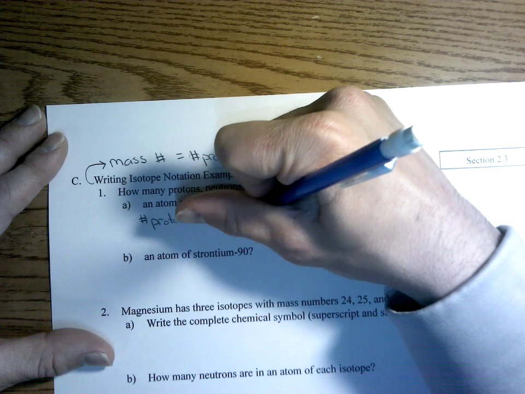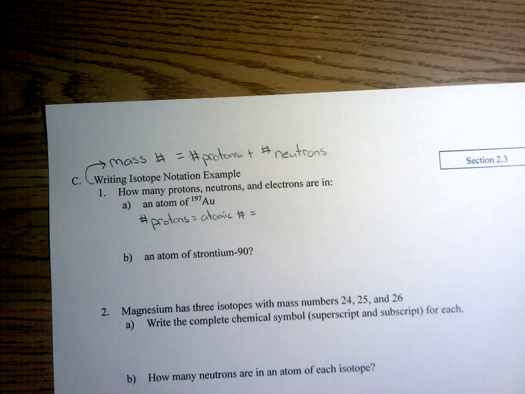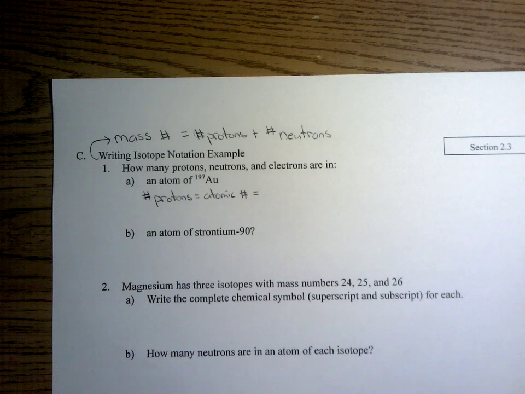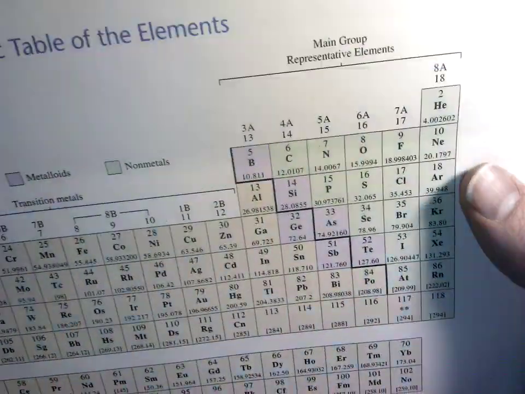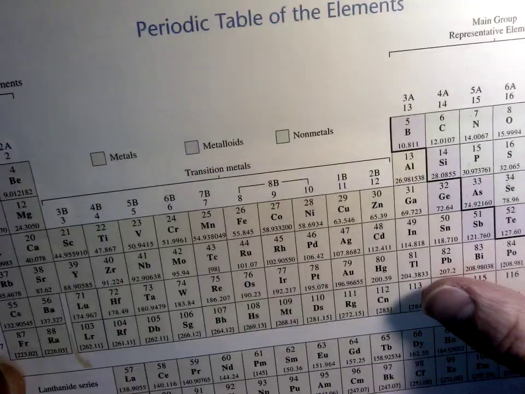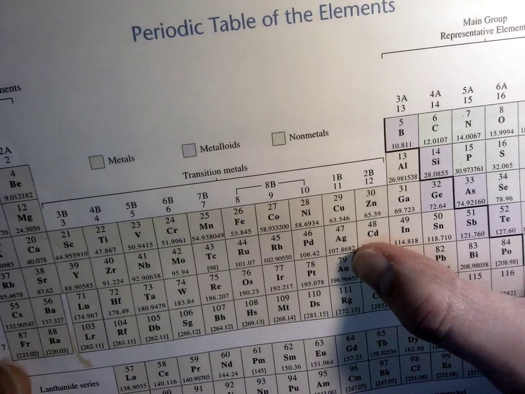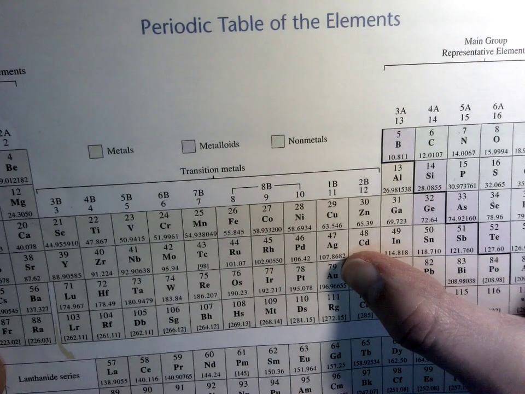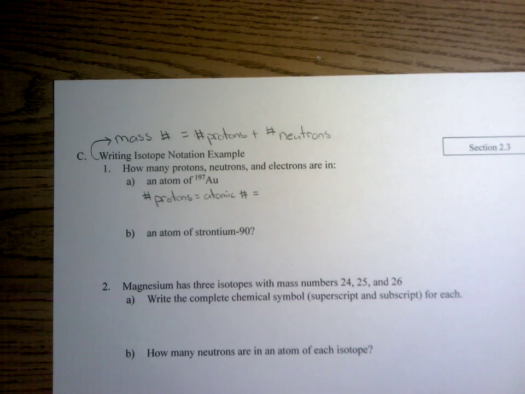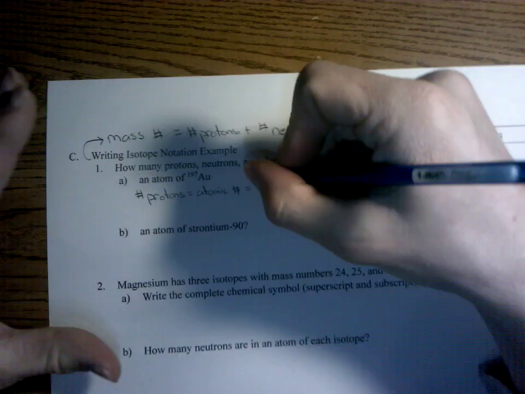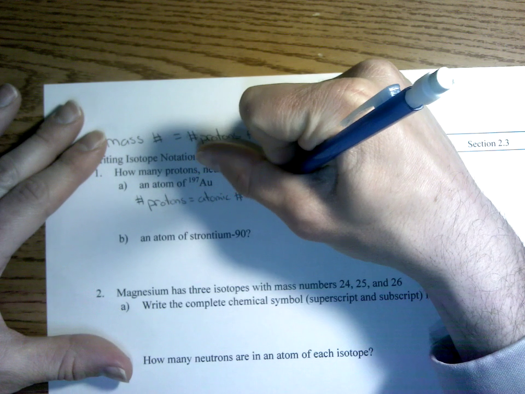So what we do is we look up gold, Au, on the periodic table. I'm just using the periodic table in the book, and we find gold has an atomic number of 79. So we write down 79 because the atomic number is the number of protons.